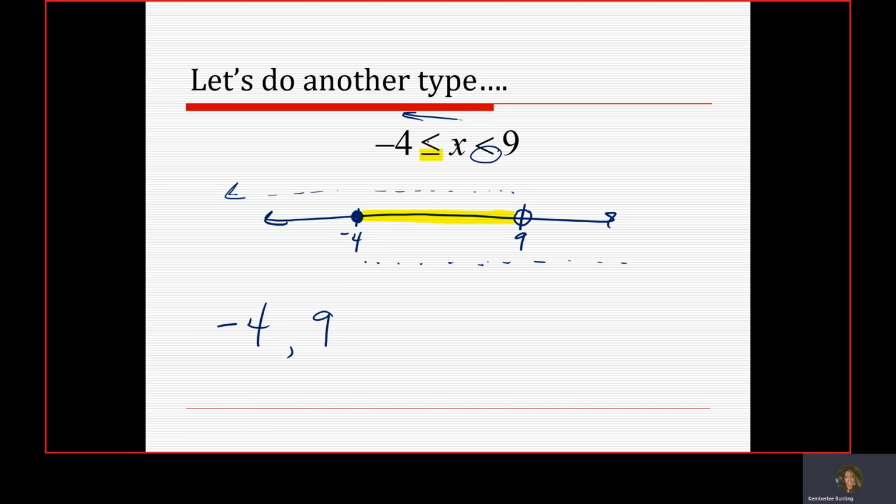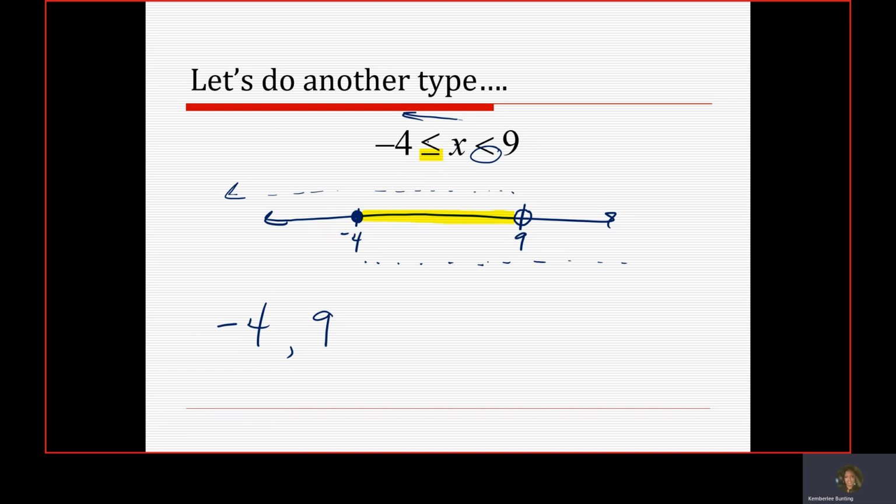You see an open dot or a closed dot? If it's closed, I want it. If it's closed, it has that element of equality, right? And if it's closed, am I going to have a parenthesis or a bracket?